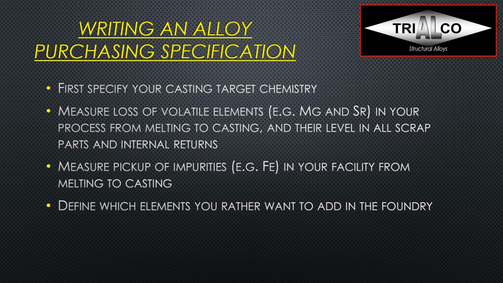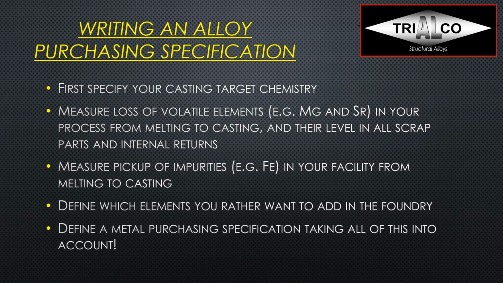For example, would you like to add strontium yourself, because it's so volatile that it burns up so quickly, and you always have different times that the metal is sitting in the furnace, so sometimes you have more or sometimes less burning off? So you prefer adding it yourself, or you just tell your ingot supplier to come in with a higher level, so that you're always on the safe side. And define a metal purchasing specification, taking all of this into account.